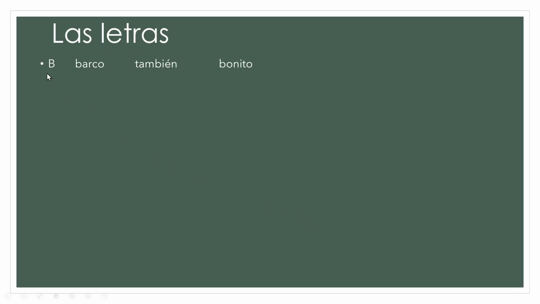B. This one is the letter B, and it sounds B, just like in English. Barco, that means ship. También, also. Bonito, pretty. This one is called C, and it has two sounds.